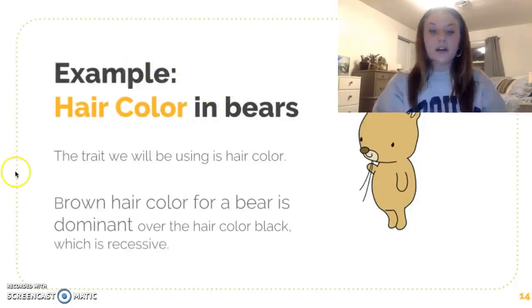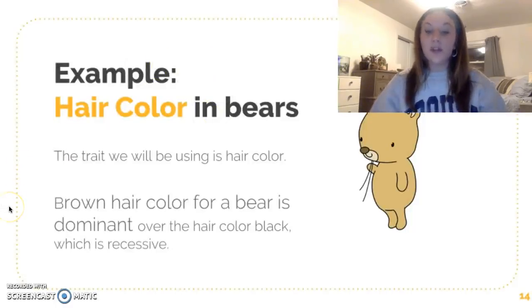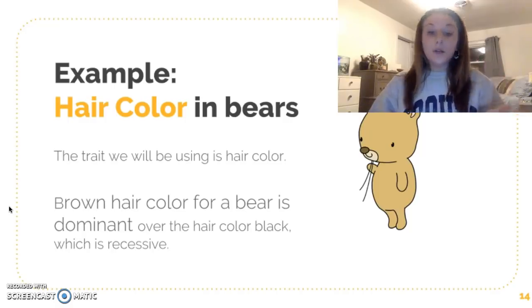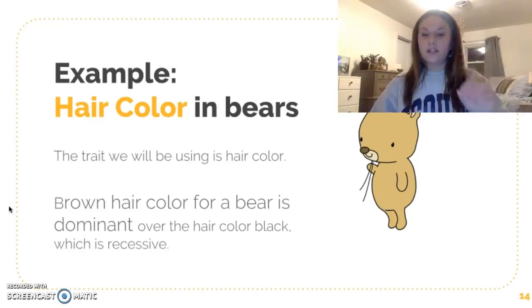Our example is that we are going to be working with hair color in bears. So the trait that we're going to be looking at is hair color, whether it's going to be a brown bear or a black bear. In our example, we're going to say that a brown hair color bear is dominant. So that brown color is the dominant trait.